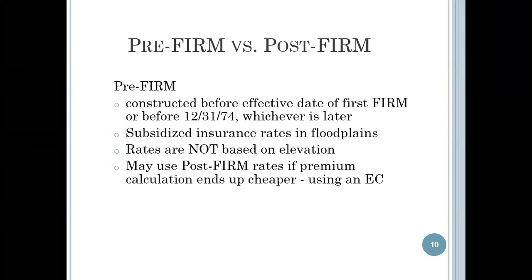We can use post-firm elevation rates if there is an elevation certificate that shows that pre-firm structure, if it were built today using today's standards, we can rate that as a post-firm building, even though technically it is pre-firm. So that's one way that structures can enjoy a lower premium.